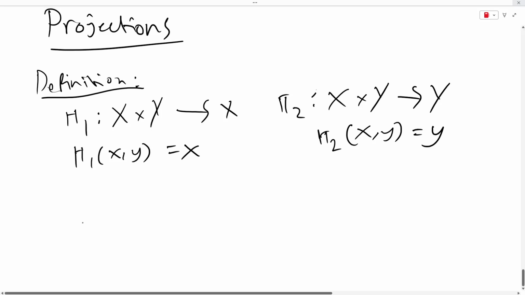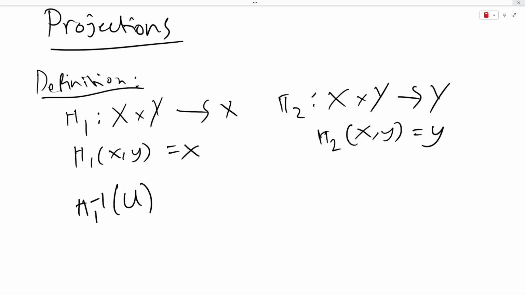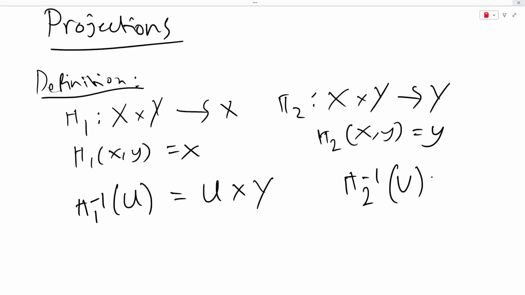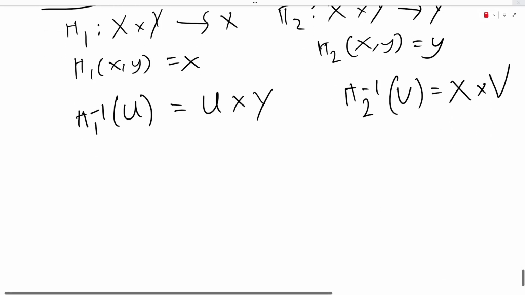And also the inverse image of pi1 under the open set U is precisely the set U times Y, and the inverse image of pi2 under V is the set X times V. Order matters.